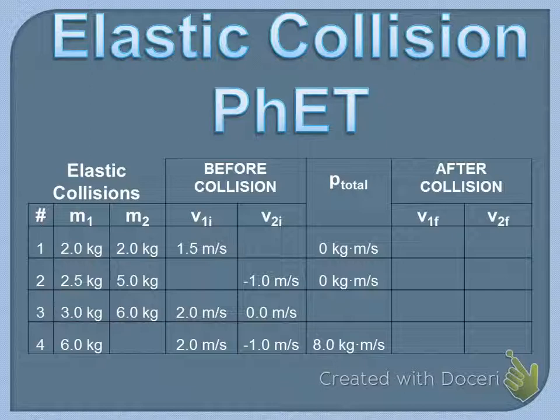Okay, so this is what we had yesterday when we were doing the PhET. So this is with the elastic collisions, and the key here was this. It sort of was that you had to first look at doing everything on the left side of this line before you could do the after collision part.